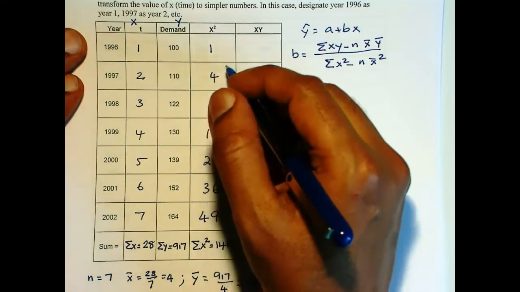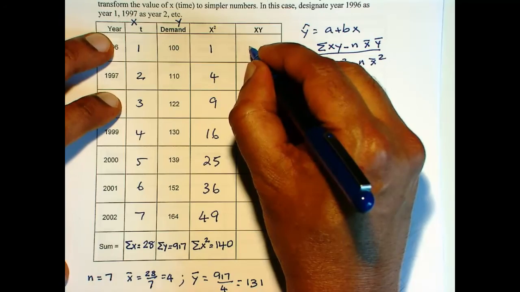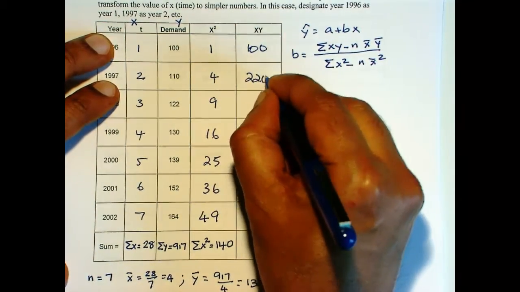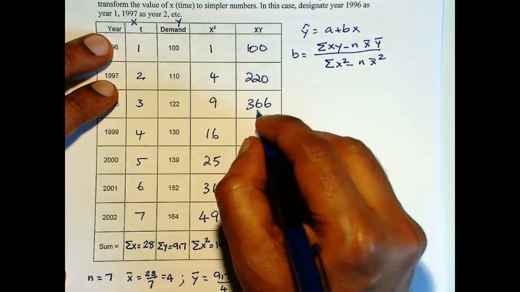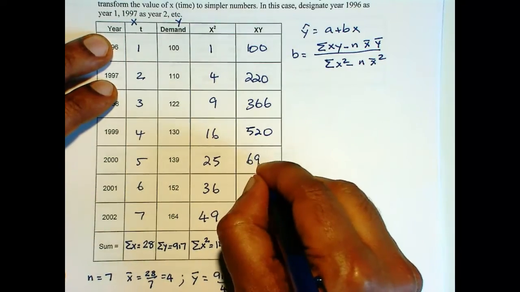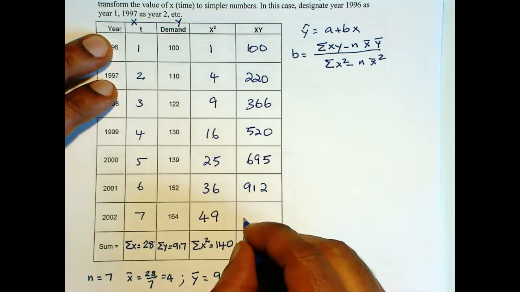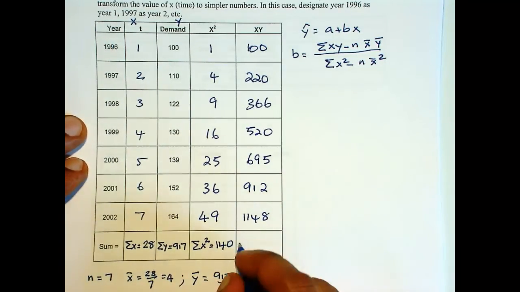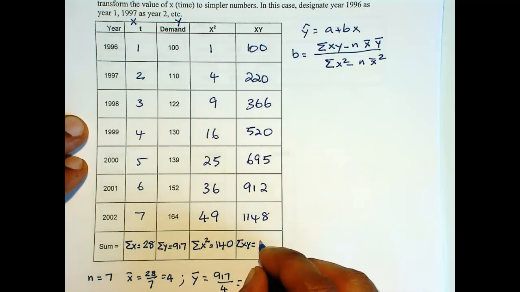And then x times y would be 100, 220, 366, 520, 695, 912, 1148. And sum of xy is 3961.